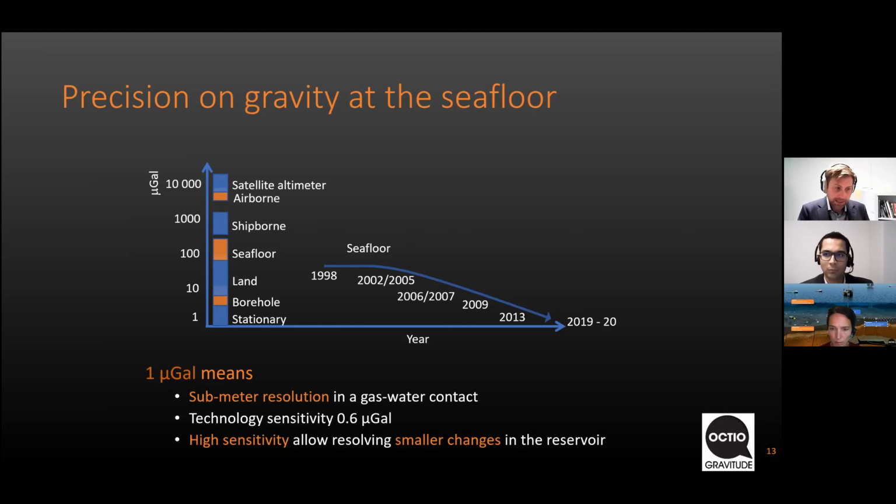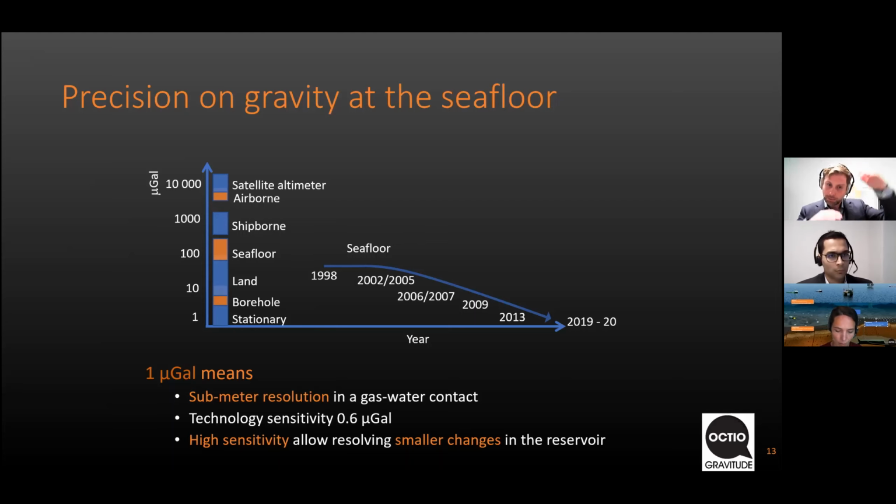At the end of the day, when you are measuring a specific observation in the field, for this observation to be significant, you need it to be 2 times bigger than the uncertainty of the data you have.